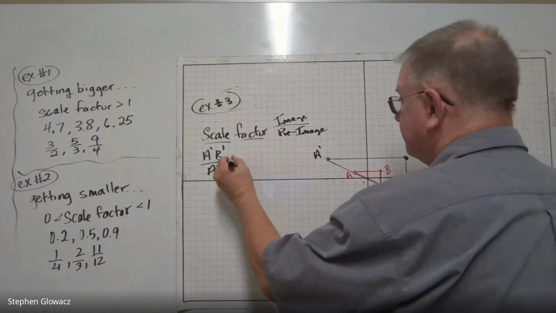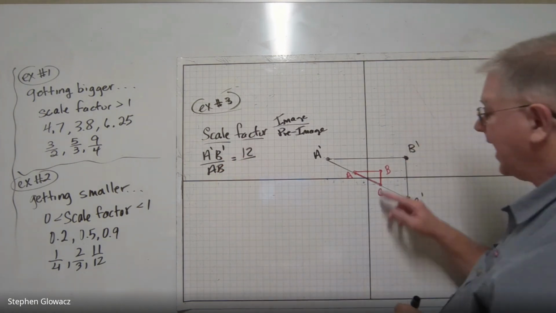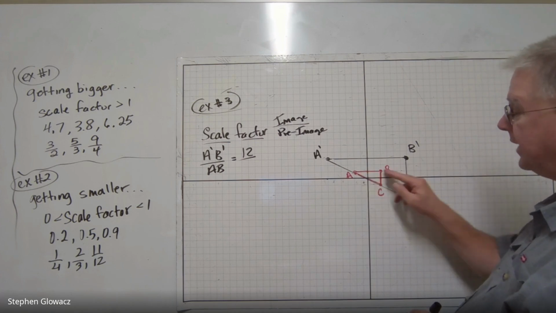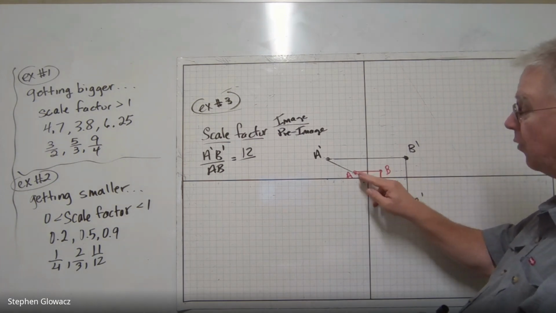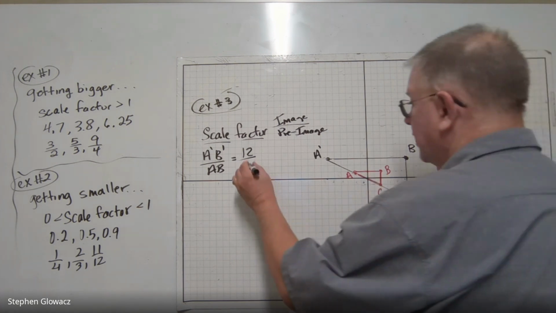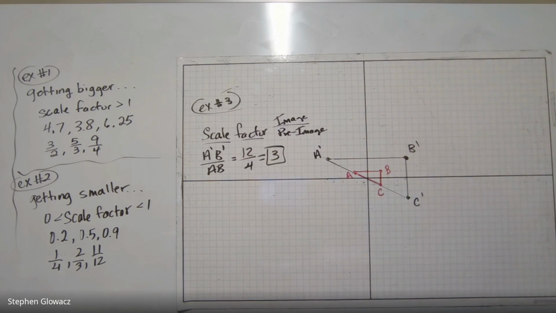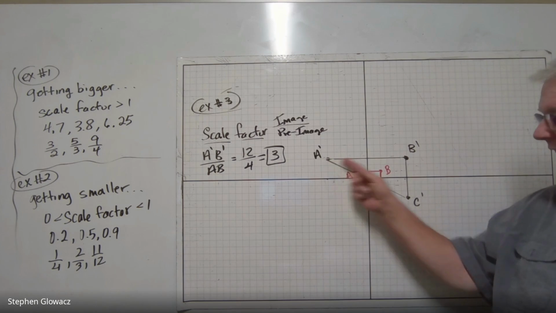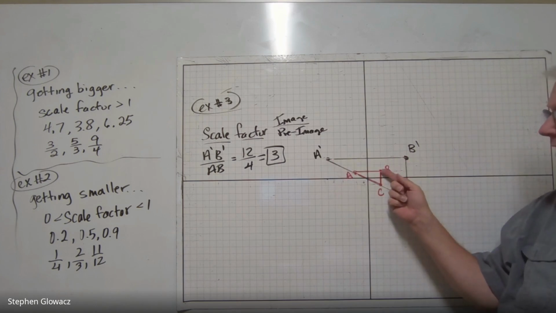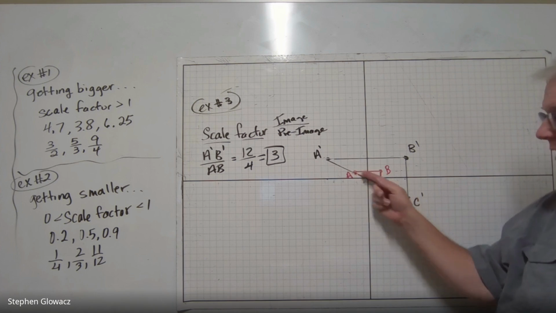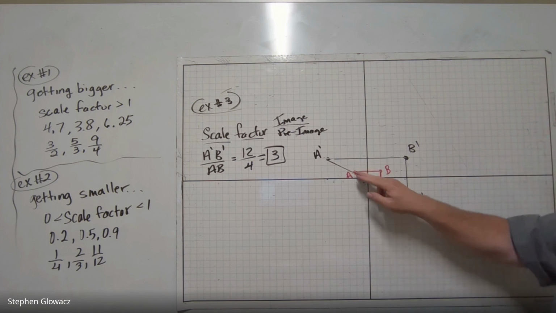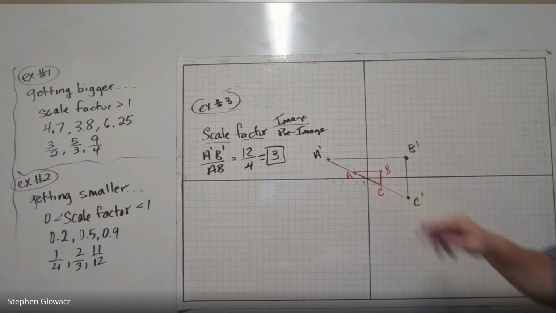So A prime, B prime has a length of 12. And AB has a length of 1, 2, 3, and 4. So we divide 12 divided by 4, and we get a scale factor of 3. In other words, the length of this side of our image is 3 times as large as what we started out with on our pre-image. Remember, this is the pre-image, the triangle that we start with.